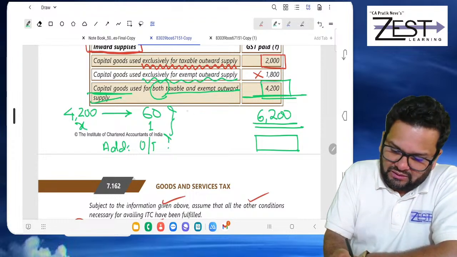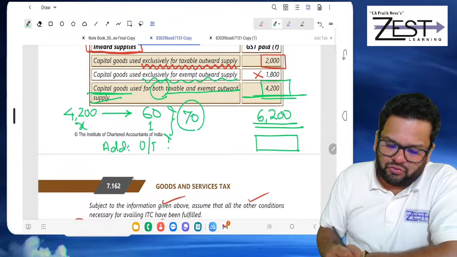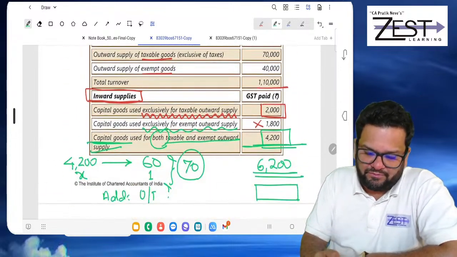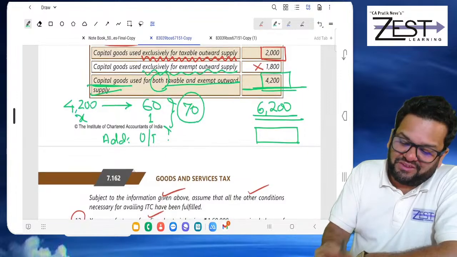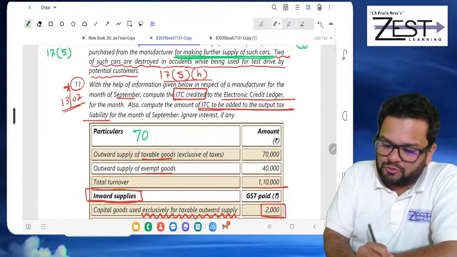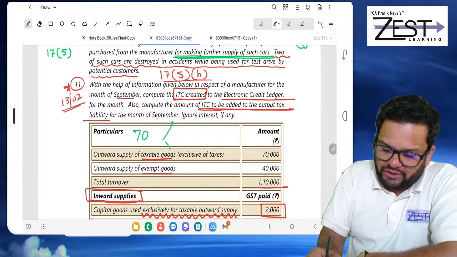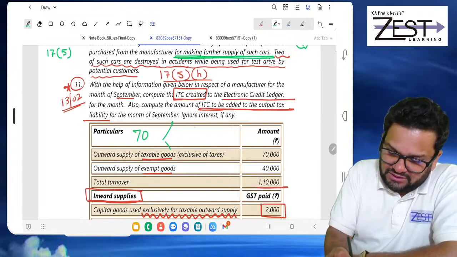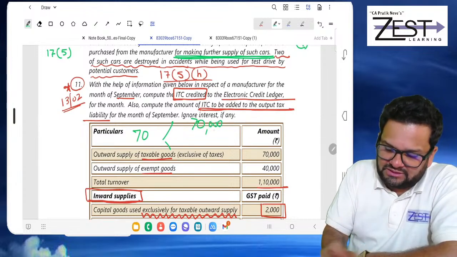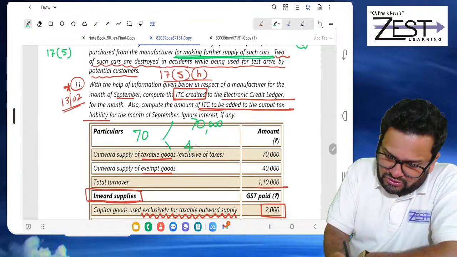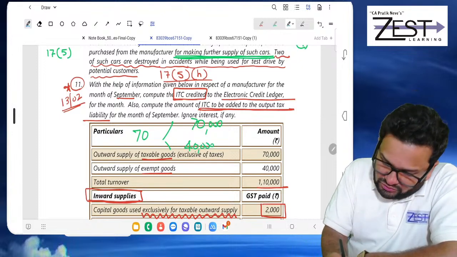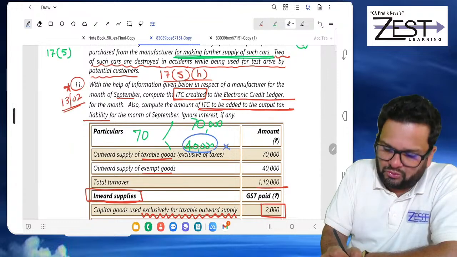So are you getting 70 rupees for this month, September? Out of this 70 rupees, how much is going towards taxable supply? 70,000 is of taxable supply, 40,000 is of exempt supply. So to this extent, it will not be allowed.